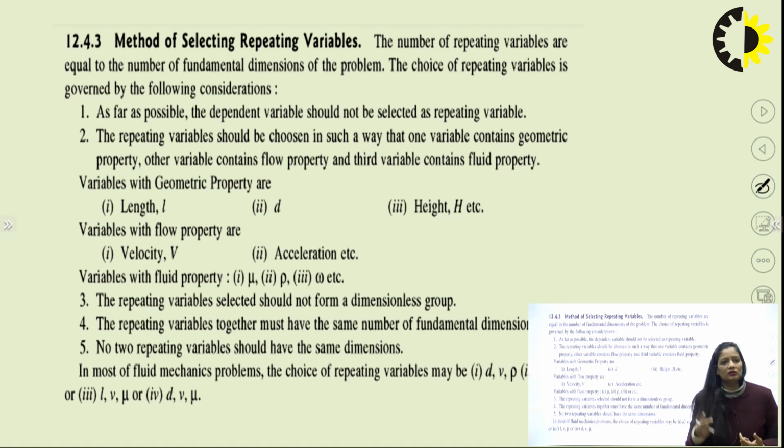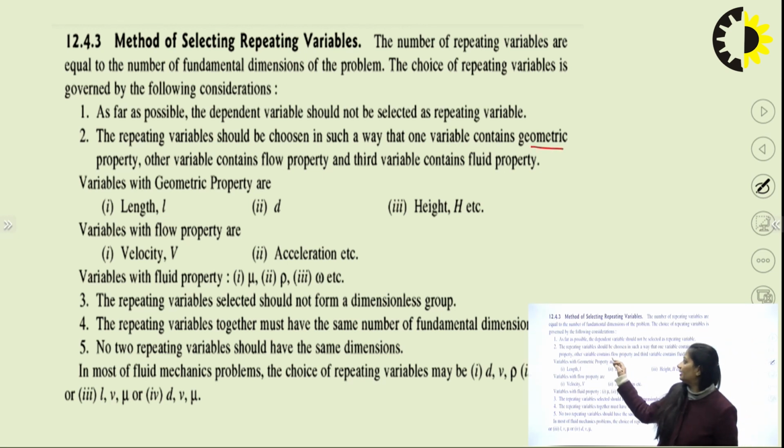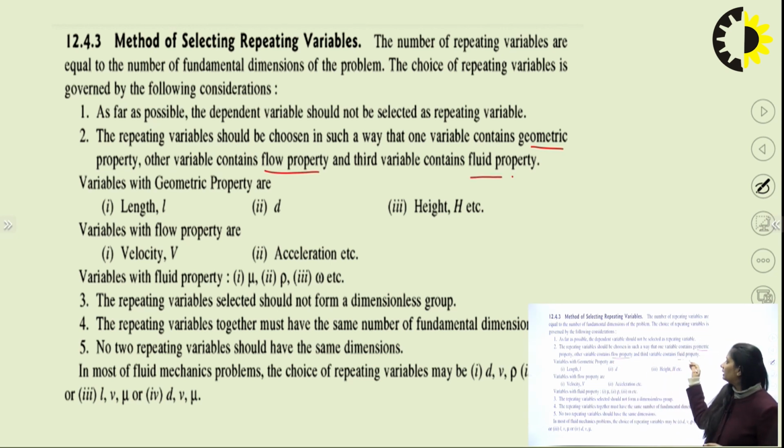The second point is that the repeating variables should be chosen in such a way that one variable contains a geometric property, another contains a flow property and the third contains a fluid property. The first is geometry, the second is flow property and the third is fluid property.